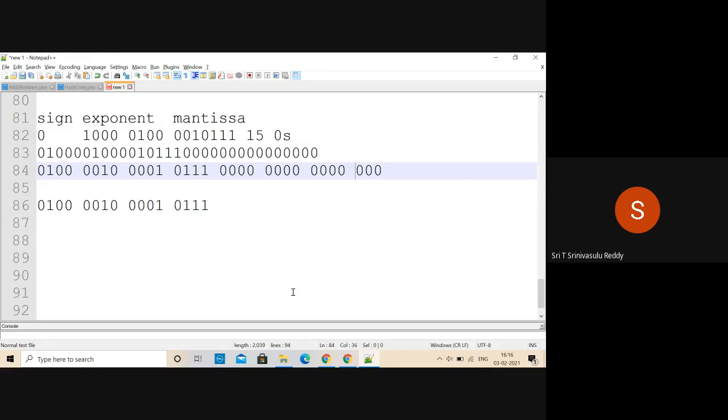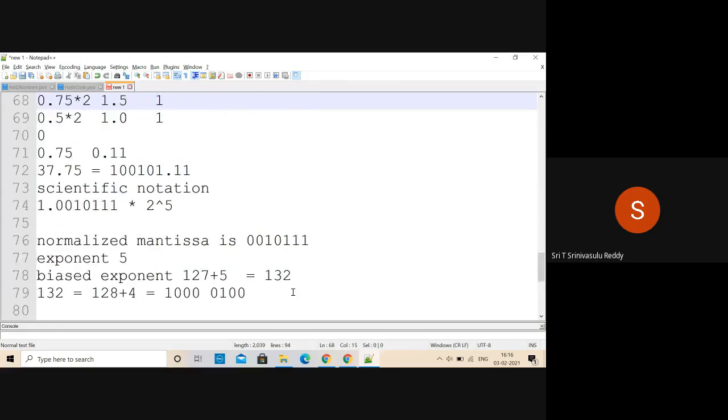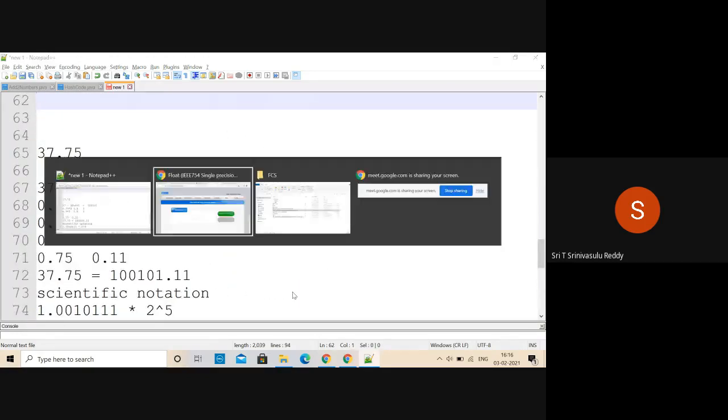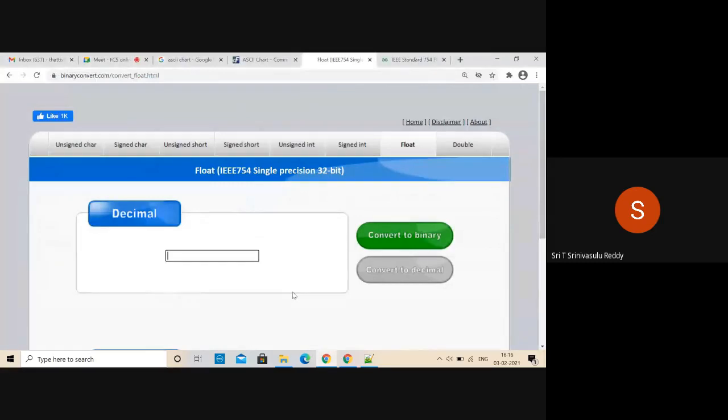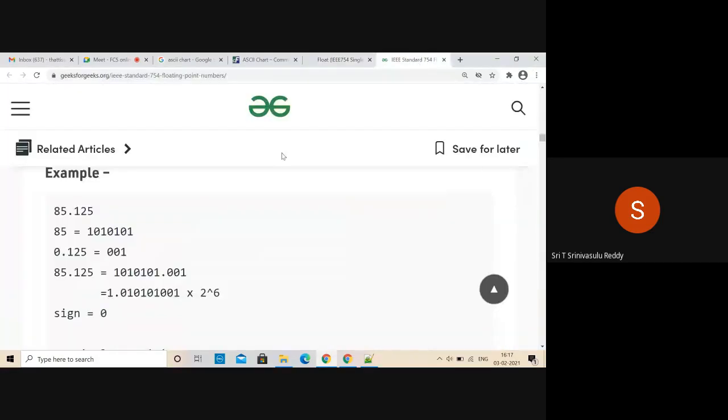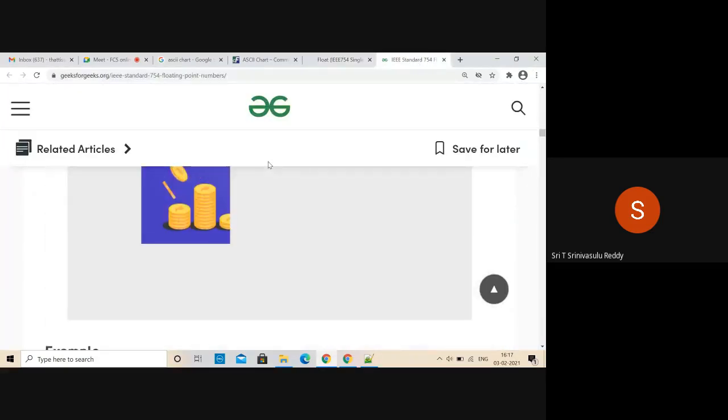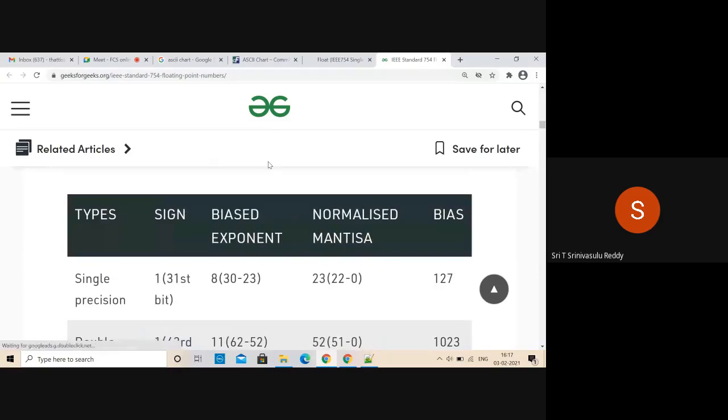So it's of course similar. Maybe the exponent is how many bits? 8 plus 1, 9. Let's go back. 8 plus 1, 9, and 23 bits there.